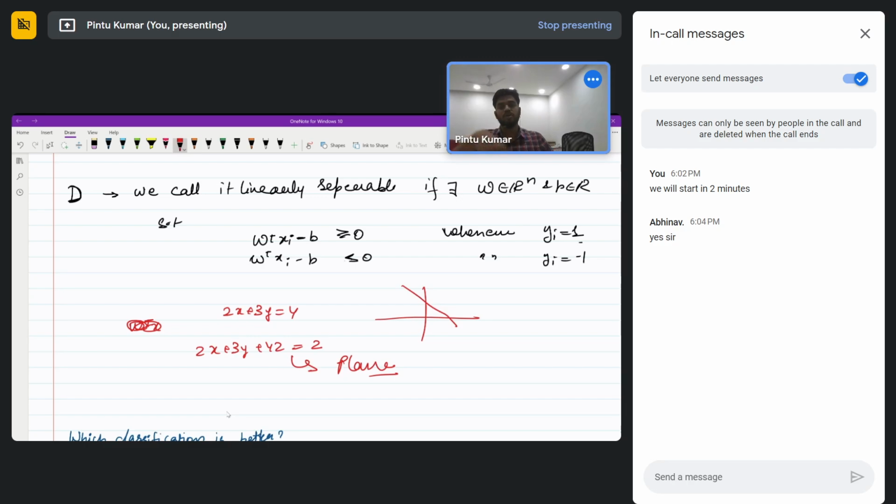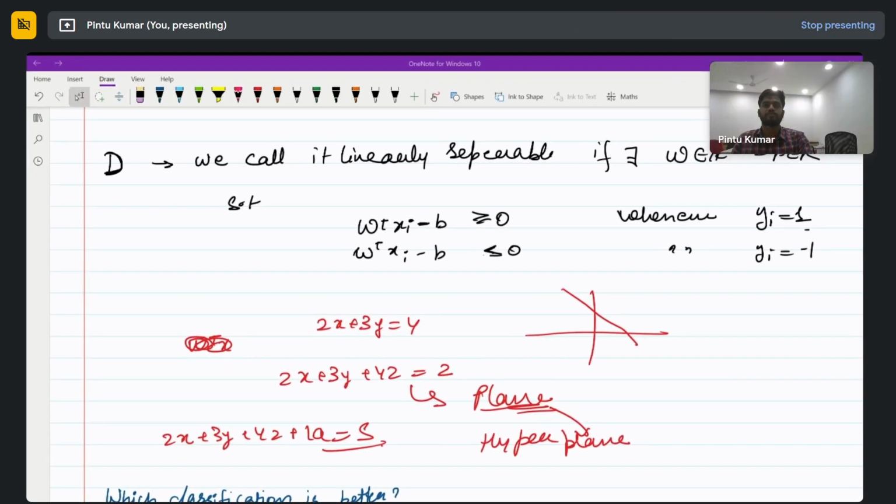We call all of this together a hyperplane. So you take plane and use the word hyper in front of it. If you have something like 2x plus 3y plus 4z plus 1a is equal to 5, a higher dimensional generalization of a plane is known as a hyperplane. Was I clear? Yes, sir.